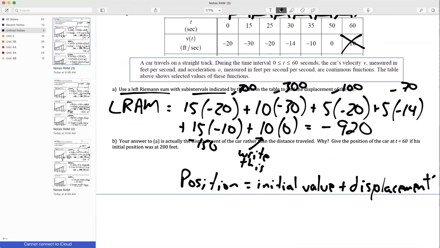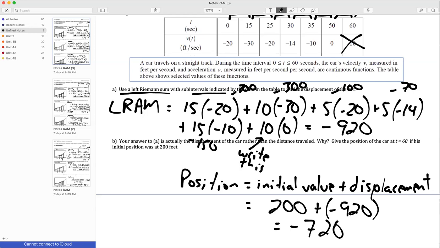My initial value, they tell me we start at 200, and then my displacement was -920. So my final position is going to be -720 feet. And that is Riemann sums.